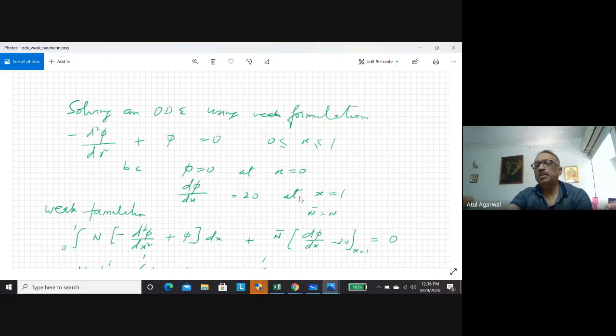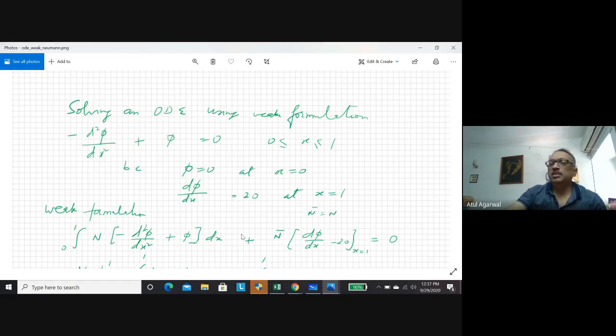But we need to satisfy this equation. So we have chosen this plus weighting function into d phi by dx minus 20, at x is equal to 1. So the sum of these two terms should be 0. So now we are satisfying this differential equation as well as this boundary condition.